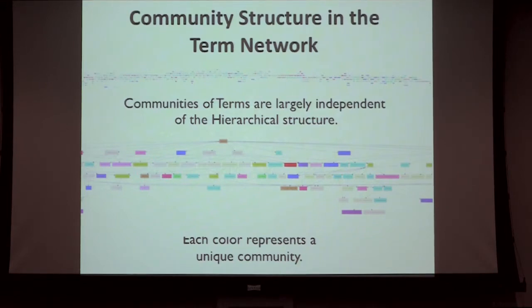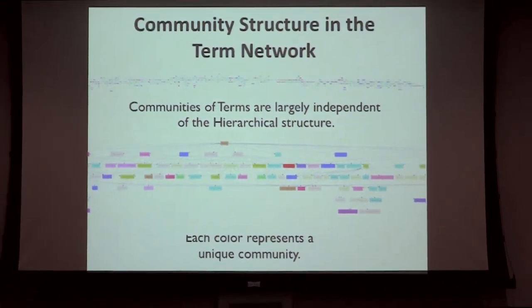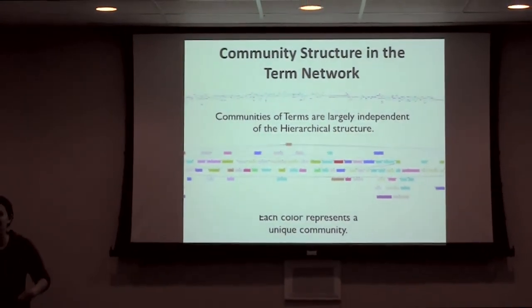But in fact, what you get from this approach is that the communities are completely different than the groupings of terms in the hierarchy. So we get out that if you group terms or functions by the annotation data, you get a completely different view of how functions are organized as compared to the hierarchical view, which is that predefined conception of how functions are related.